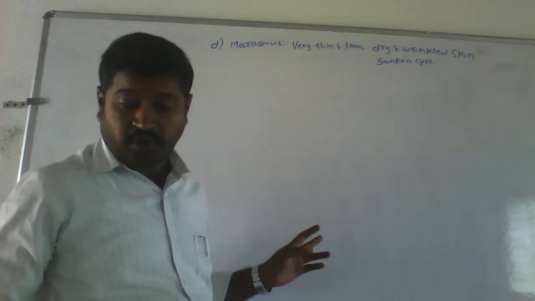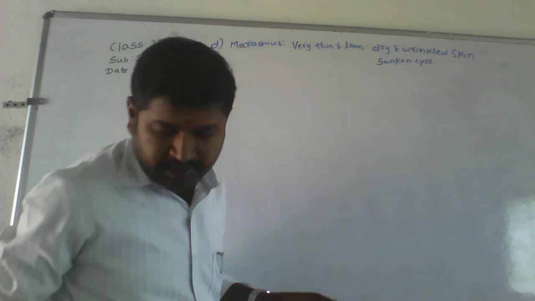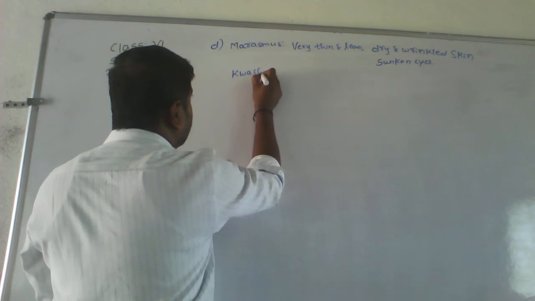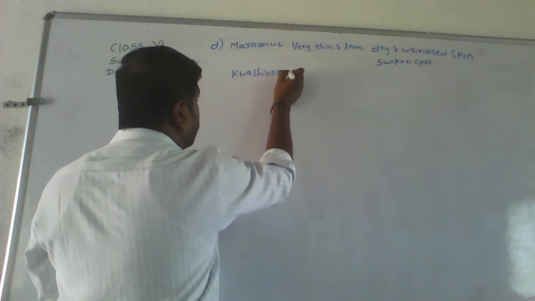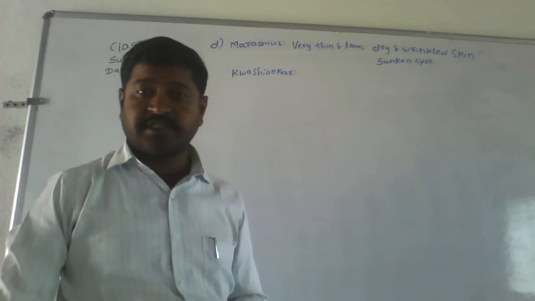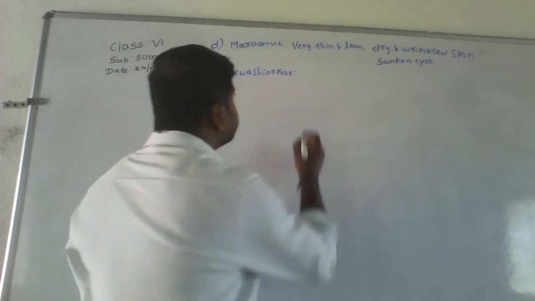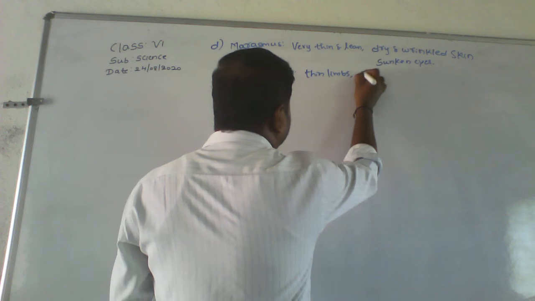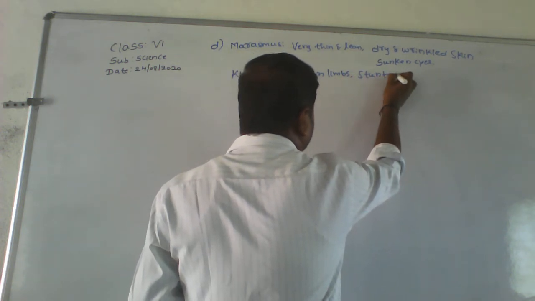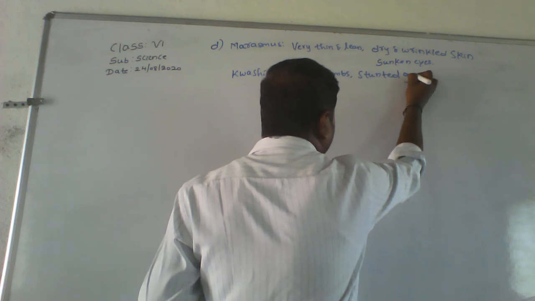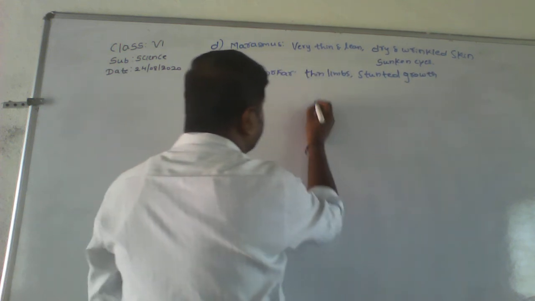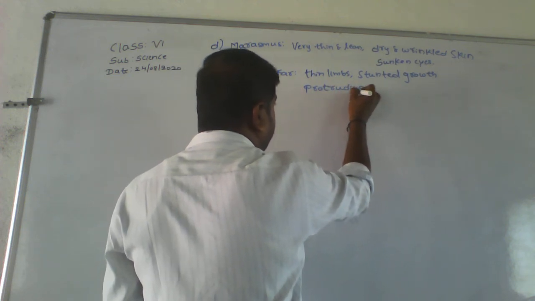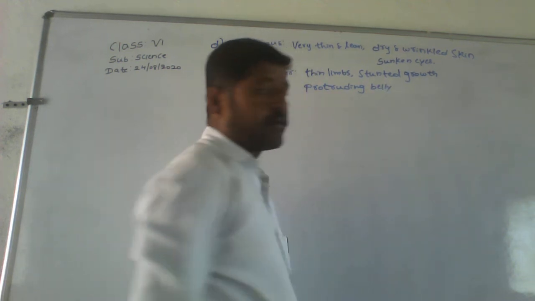Then which is next? That is kwashiorkor. What are the symptoms of this disease? Thin limbs, stunted growth, then protruding belly, and what else?